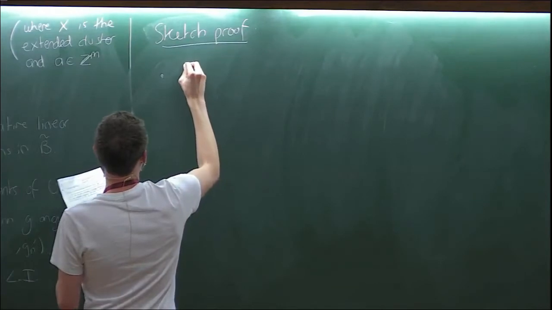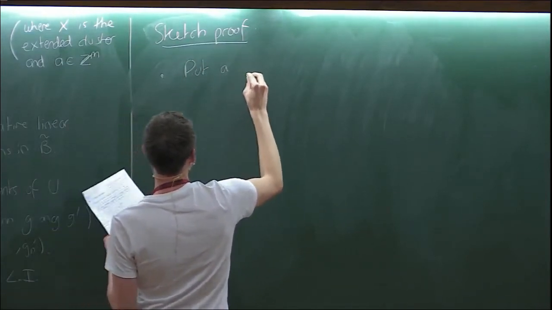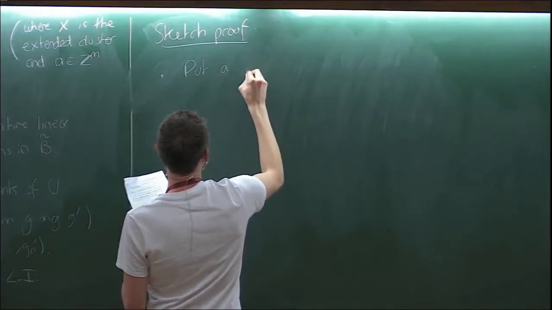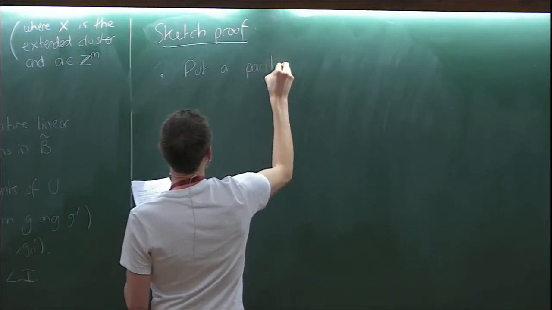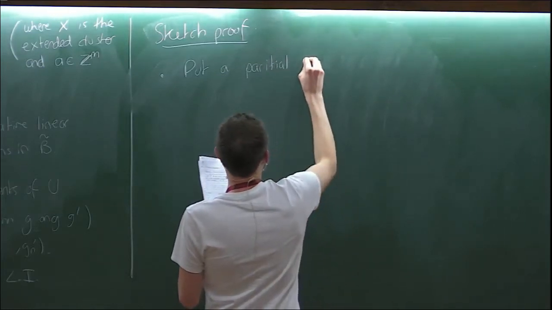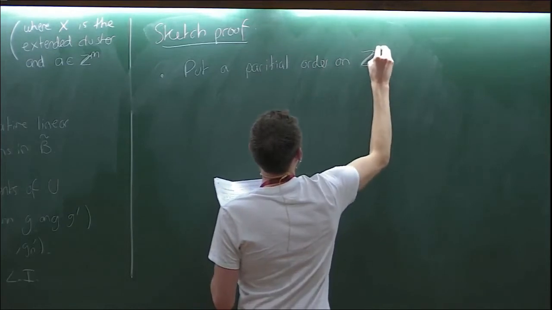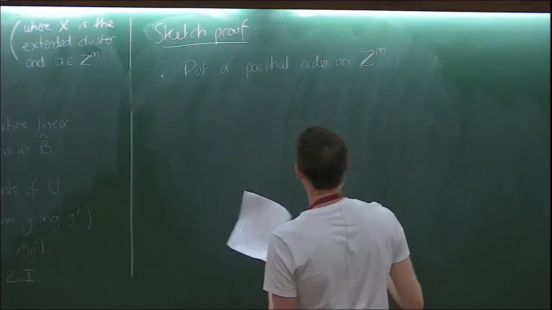So we put a partial ordering on Z^m, how?